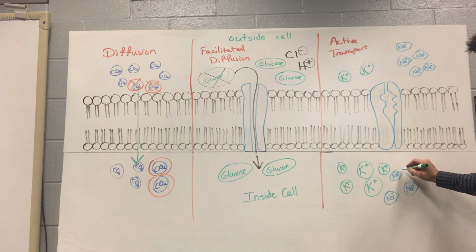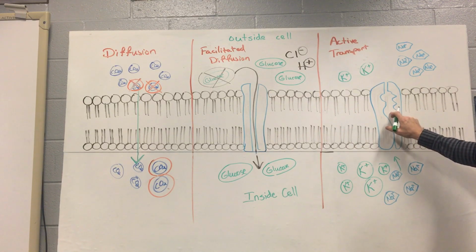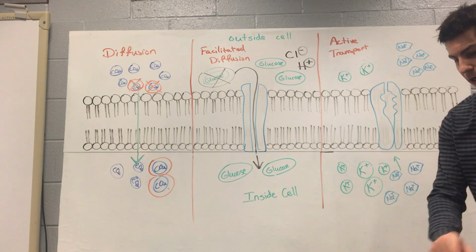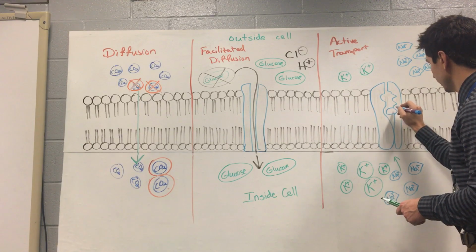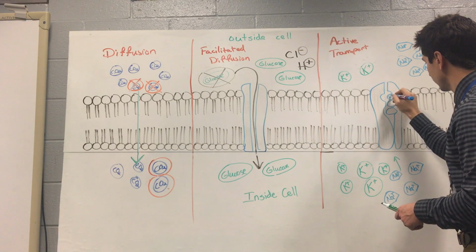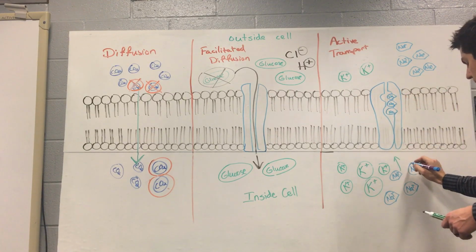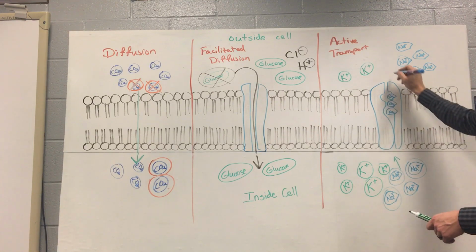And if you notice here, as we move these, there's these three little indentations here, okay? We are going to have these sodiums go right into our protein, right there, right there, and right there. Okay? And they're going to be moved 1, 2, 3 to the outside of our cell.